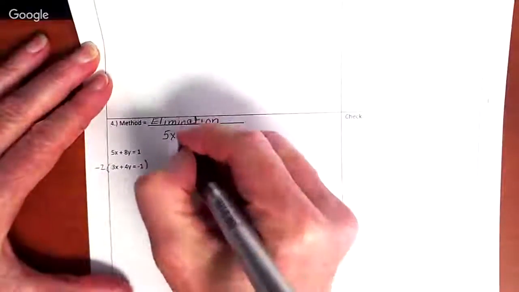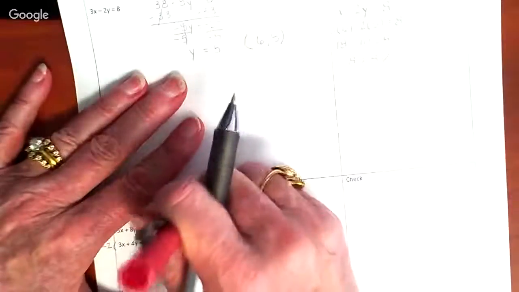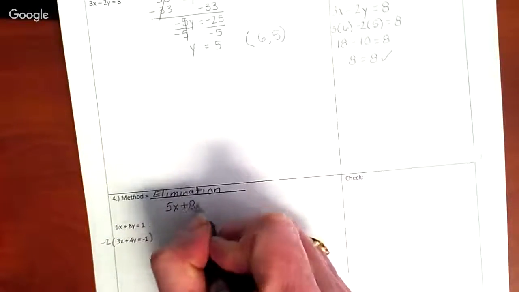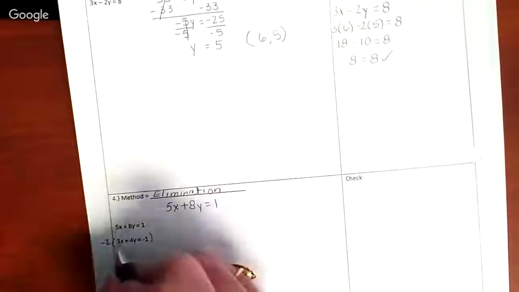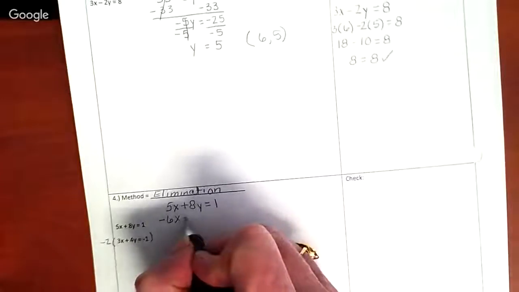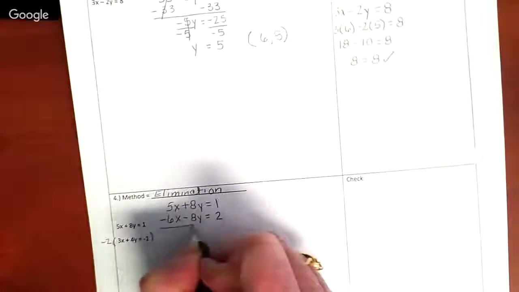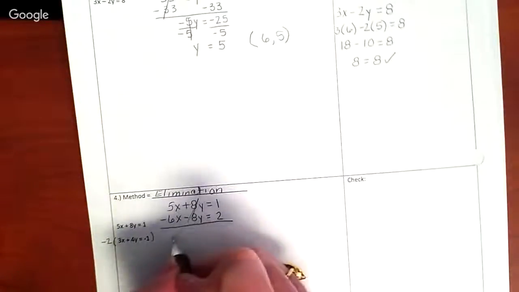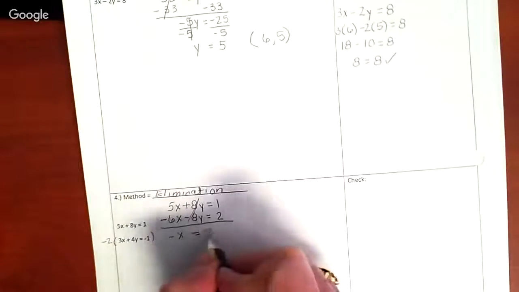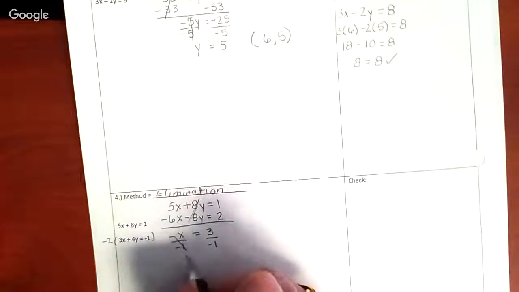So I have 5x plus 8y equaling 1. And I have -6x, sorry, minus 8y equaling 2. So these are gone. So I have -x equaling 3. Divide both sides by -1. And I have x equals -3.